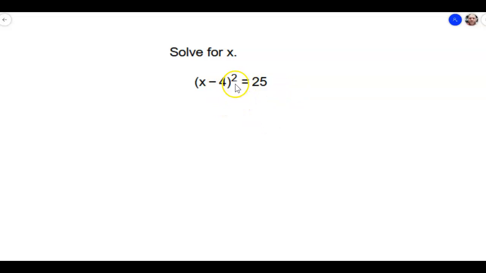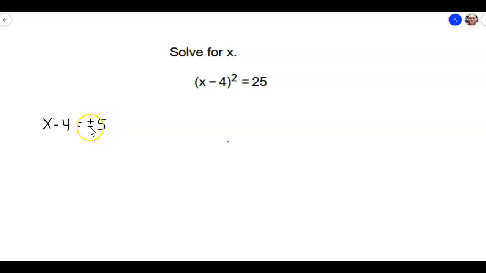So if I take the square root of both sides, on the left I'm going to get x minus 4. But on the right, and this is important, I'm going to get plus or minus 5. I'm going to get two separate things.